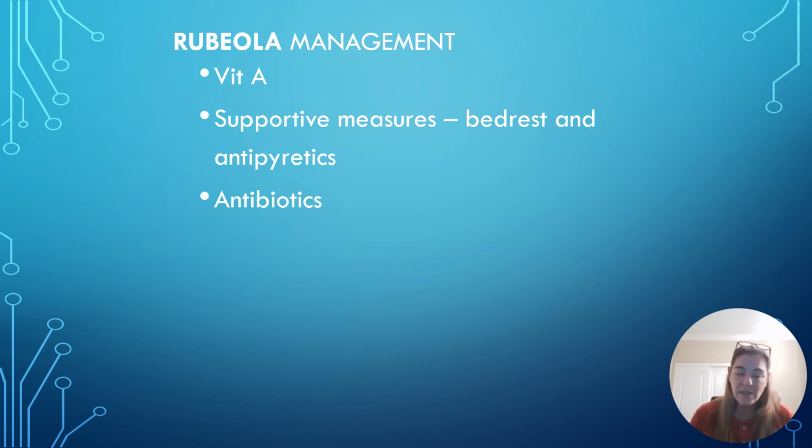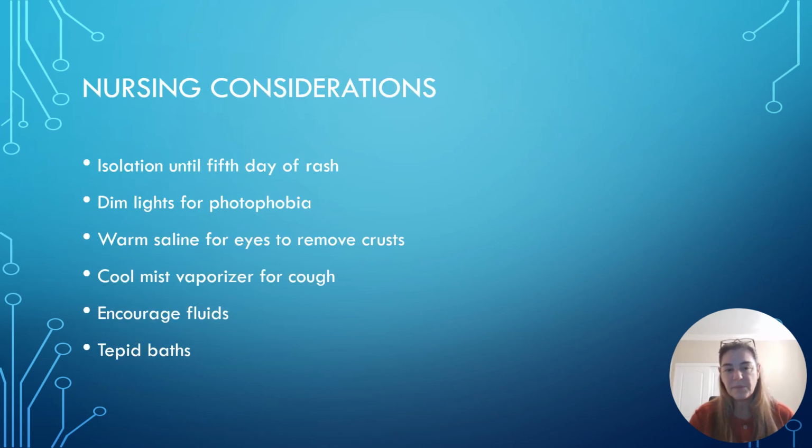Antipyretics or Tylenol can be used both for fever and for the aches and pains associated with this virus. Antibiotics can also be given, such as penicillin or erythromycin, one of those categories, to help prevent secondary infection from this disease.